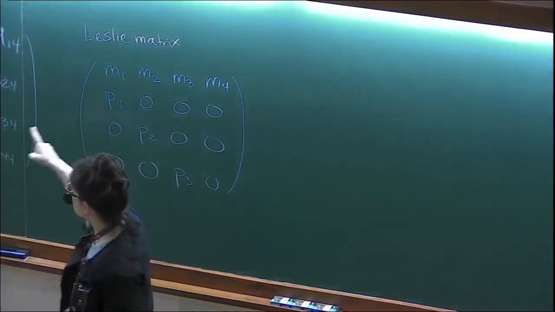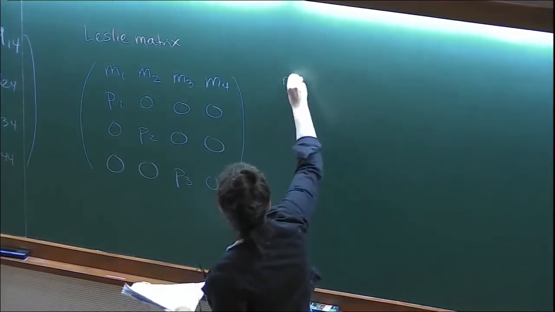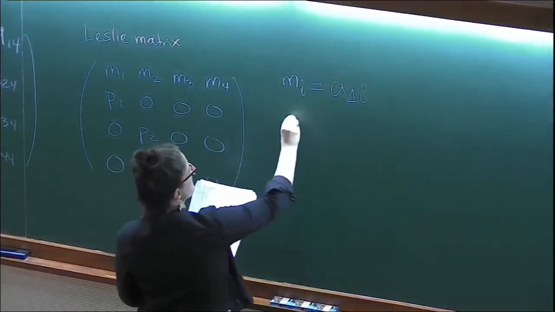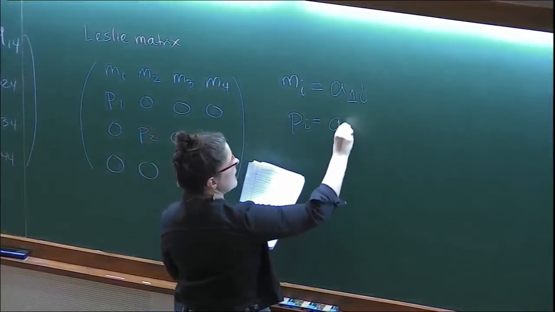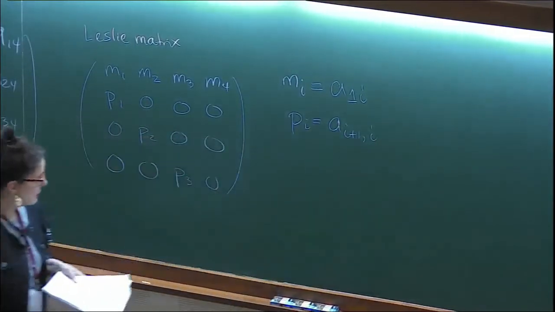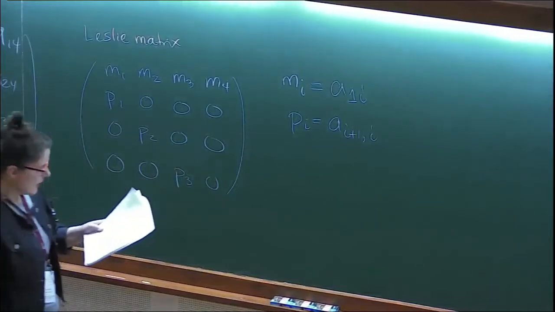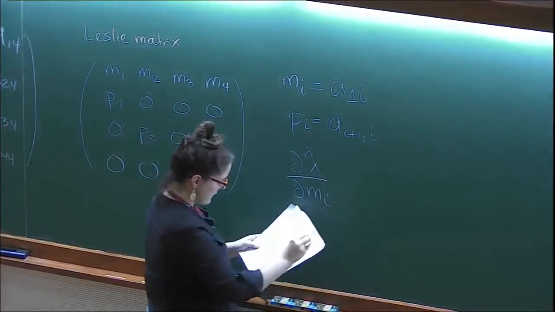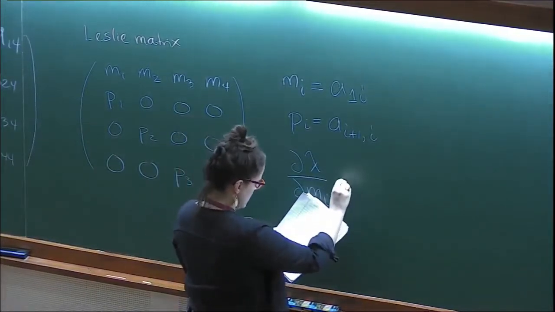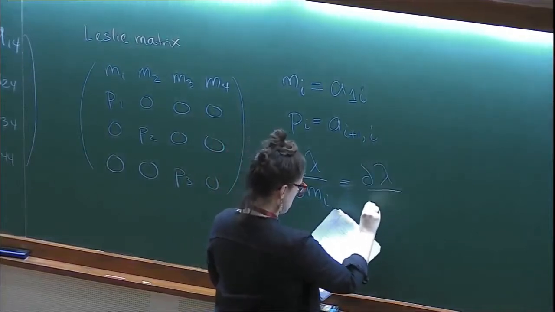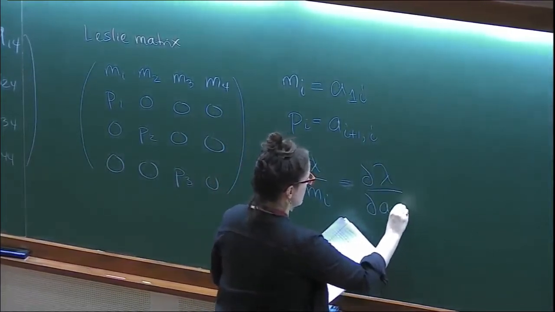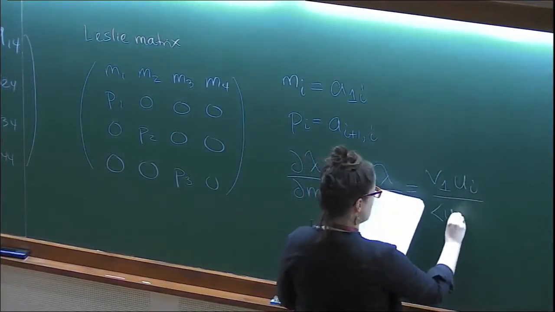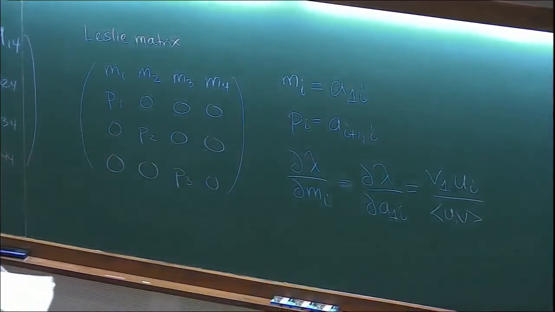So if we compare these 2 matrices, we can see that for the Leslie matrix, M1i gives A1i, right? And the Pis are Ai+1,i, like that, the way we've numbered them. And so the 2 types of sensitivities are the sensitivity to the reproductive values, the fecundities, and that's the equation that I gave last time, so that was correct.